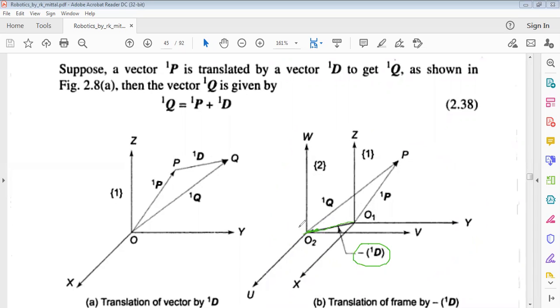This is the new vector and this is the original vector. In both ways, we can find the vector Q, if I know the vector P and the translation distance.